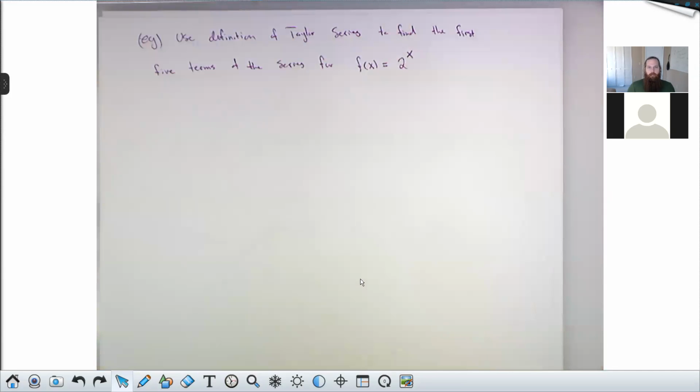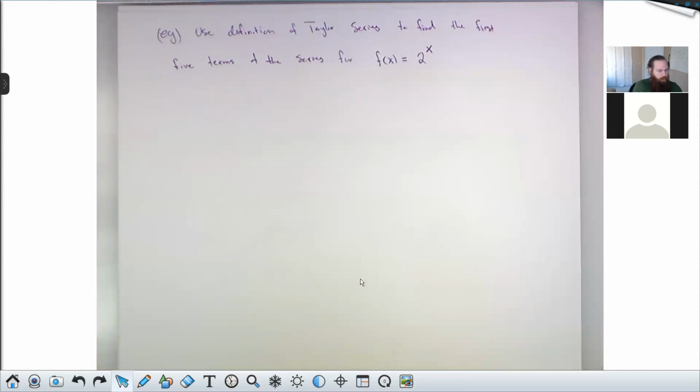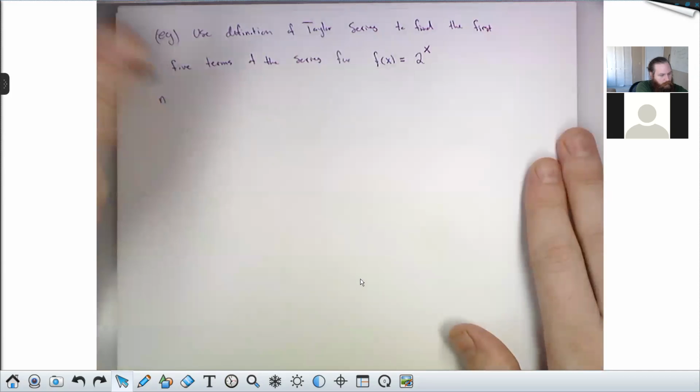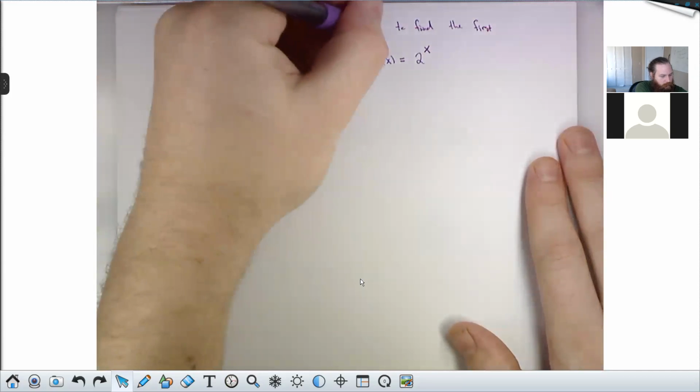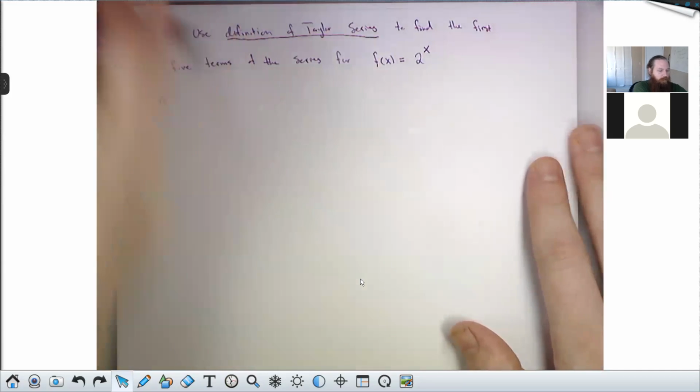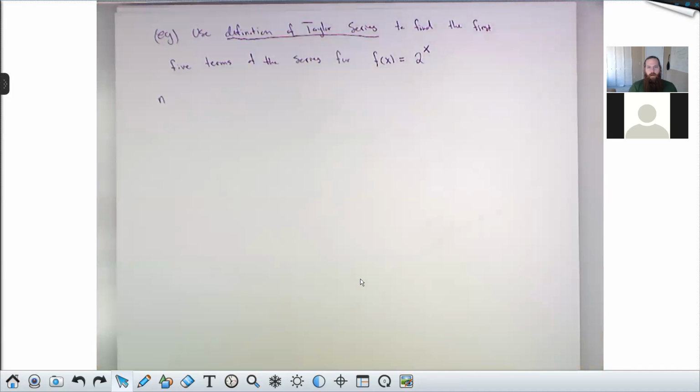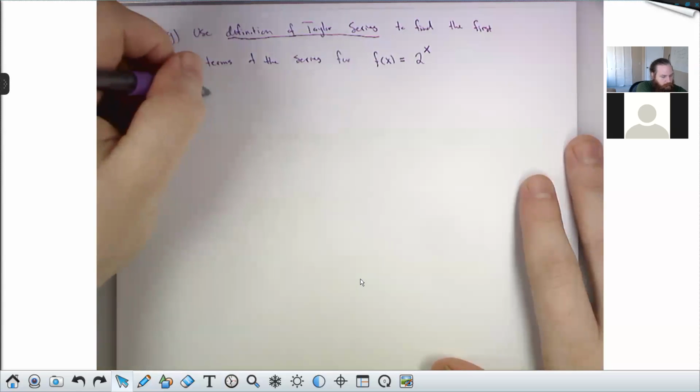So rather than finding the full Taylor series here, I just want the first 5 terms. The full Taylor series here we could find, but it would start out the same way. We're going to build a table. And the hint is that they said use the definition, right? If they said something other than use the definition, we might try to get sneaky and get this by modifying the series for e to the x or something like that.